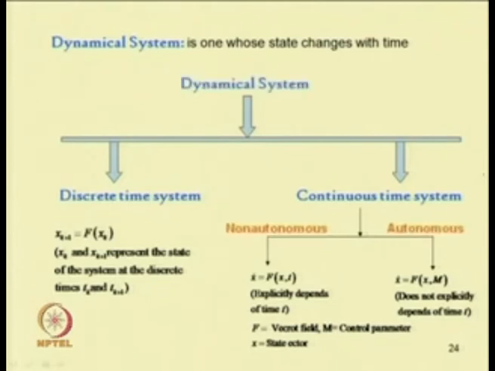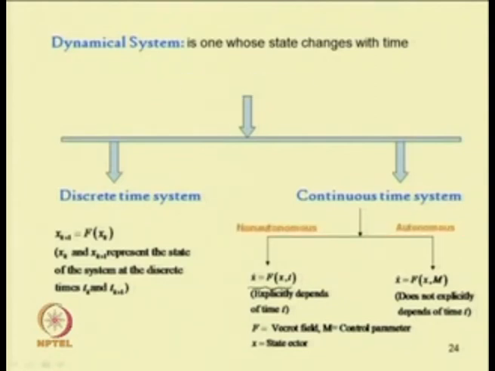In the non-autonomous system, x depends explicitly on time, and in the autonomous system the time term does not come explicitly in the equation, so we have x dot equal to f(x, m) with the control parameter only, and in case of the non-autonomous system we have the equation x dot equal to f(x, t).